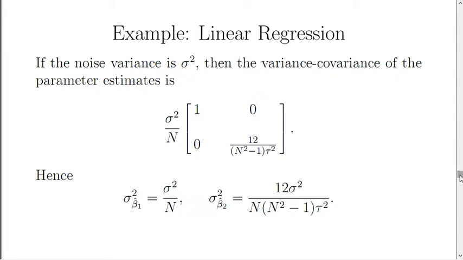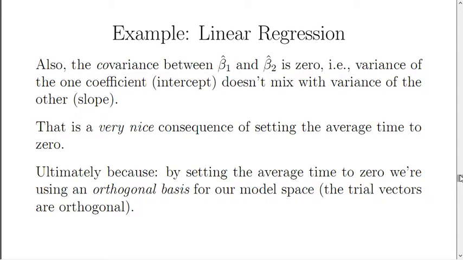Notice also that the 1, 2, and 2, 1 components of the S matrix are 0. The inverse S matrix is a diagonal matrix. So the covariance between beta hat 1 and beta hat 2, the estimated intercept and the estimated slope, is 0. That means that the variance of one coefficient, the intercept, doesn't mix with or interfere with the variance of the other parameter, the slope.